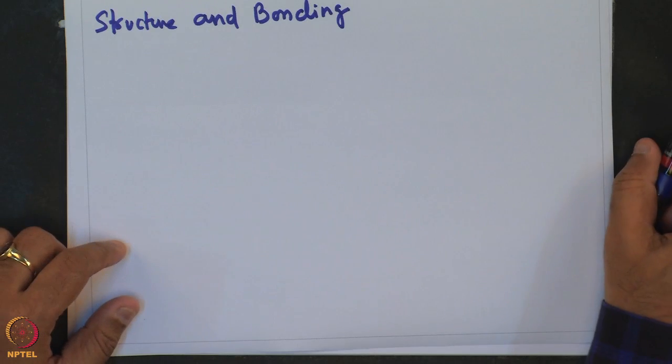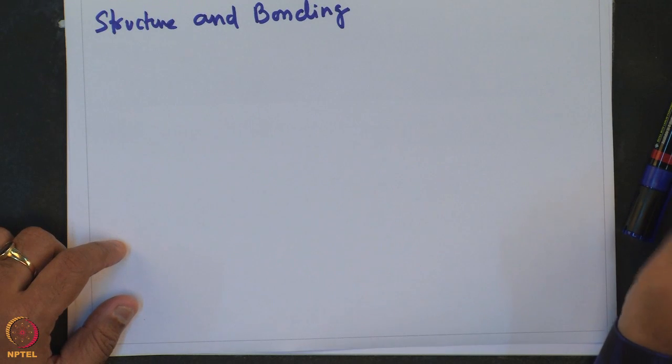Now, nitrosyl like CO can also be a bridging as well as a terminal, but it also has another dimension: that it can be bent or linear.